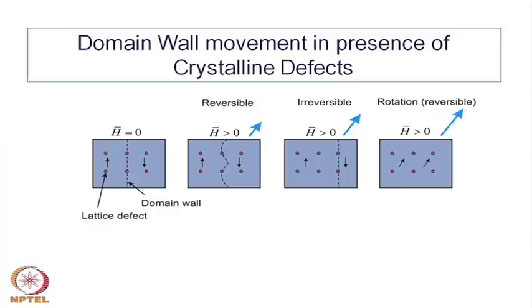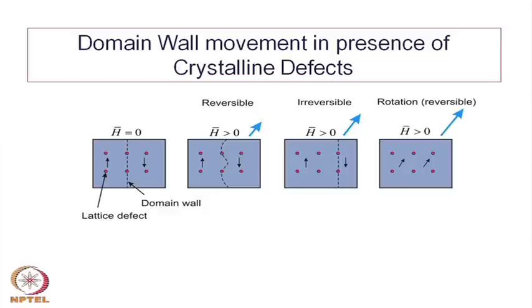So, lattice defects of different types, whether grain boundaries, point defects, vacancies, interstitials, or substitutional ions, all have some role to play so far as domain wall movement is concerned, and this gets reflected in the area of the hysteresis curve.